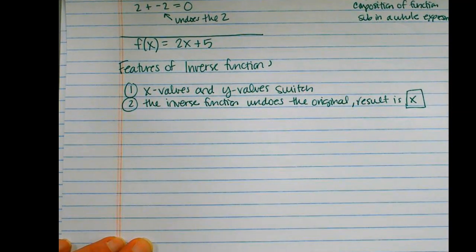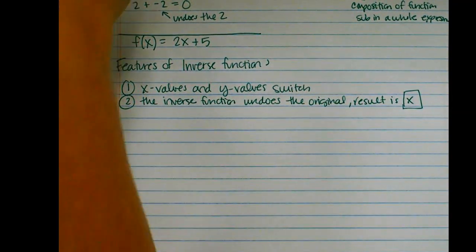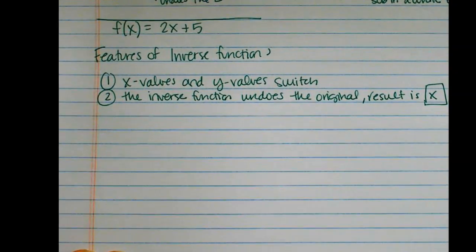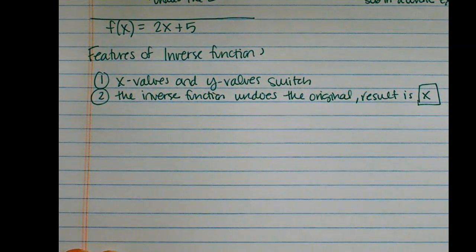You'll see what I mean when we do some examples of that. The result is x means that it's just x. It's not 2x or x plus 2 or x plus 5. It's just plain naked x. Nothing else is happening.